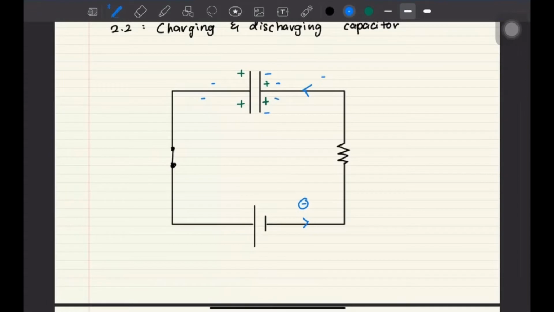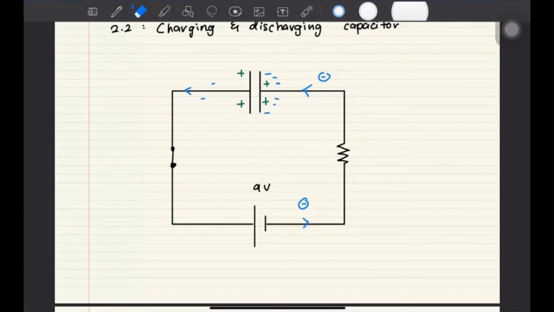So this would be your electron, and then electron being pushed away. Okay, so initially the moment it closes there will be influx of electron, and then electron moves away, and eventually the positive side does not move, so eventually it will max out here. The electron maxes out, it can't go much more, so the potential is the same between the top and the bottom. Let's say the bottom is a 9 volt power supply, and here across the capacitor is also 9 volt. This means it is fully charged.